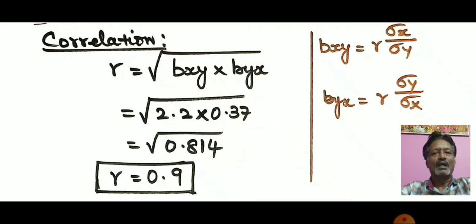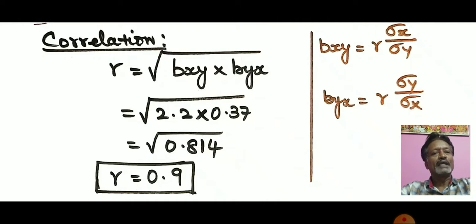So the formula is R equal to the square root of bxy into byx. Bxy is the regression coefficient x on y, and byx is the regression coefficient y on x.